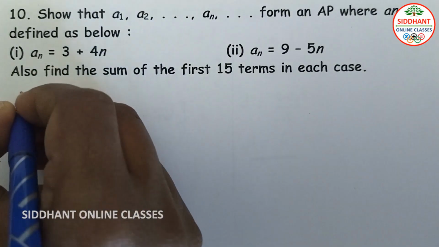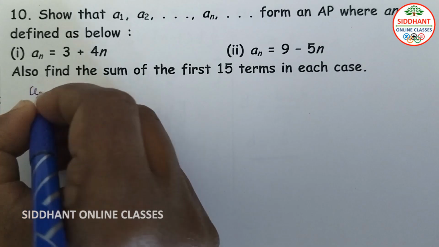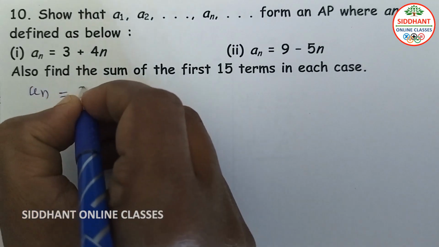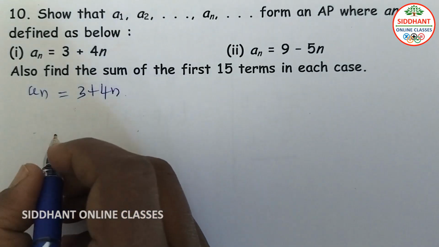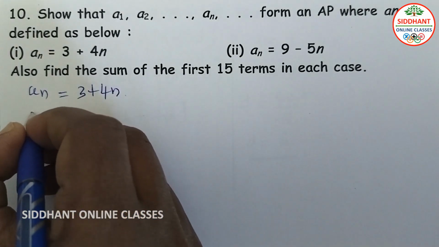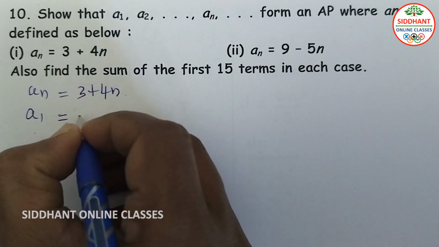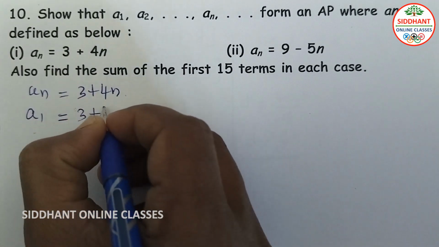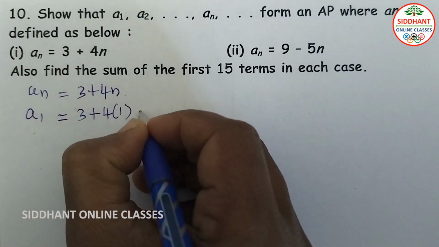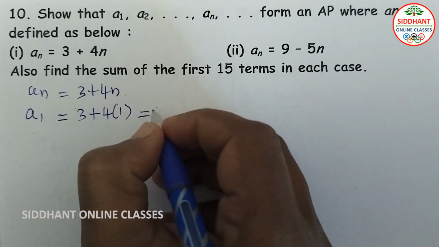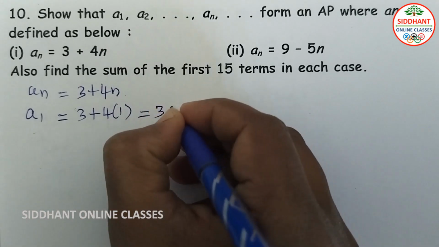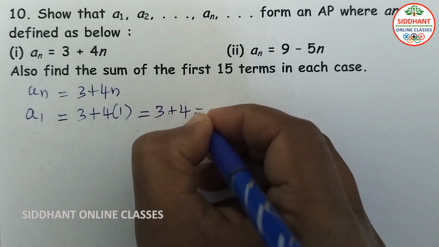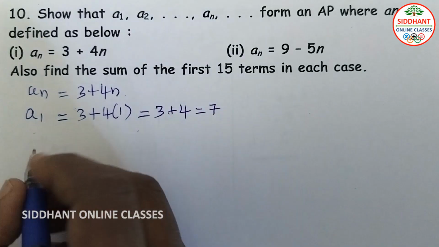So in the first case, an equals 3 plus 4n. So if n is 1, a1 is equal to 3 plus 4 into 1, that equals 3 plus 4, that equals 7.